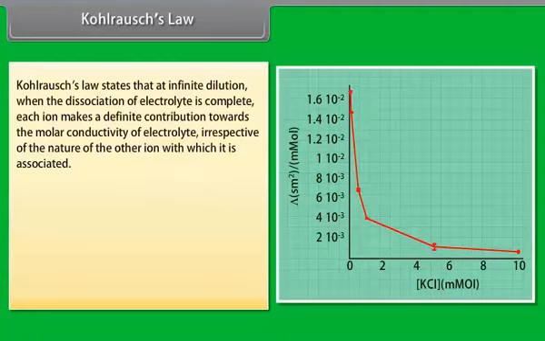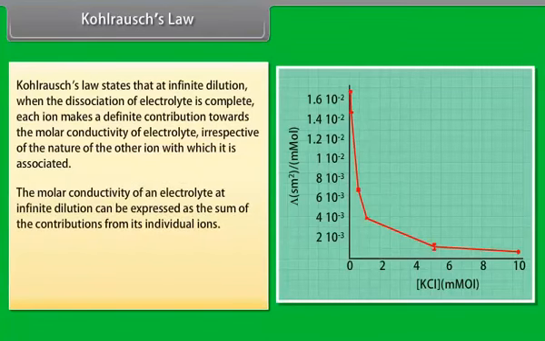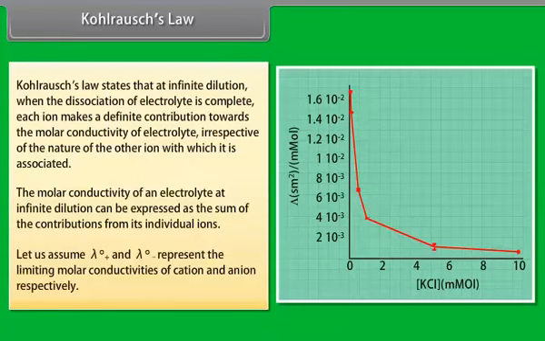Cell constant. Cell constant is equal to conductivity upon conductance. It is represented by G asterisk. It is expressed in the unit centimeter inverse. It is more convenient to obtain the value of cell constant by measuring the conductance of a standard solution whose conductivity is known.